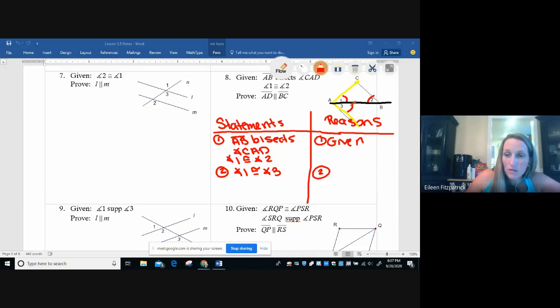Because of the bisector, right? So we're using the definition of angle bisector. Okay. Now, if 1 is congruent to 2 and 1 is congruent to 3, what does that mean about angles 2 and 3? You know that angle 2 is congruent to angle 3 by either transitive or substitution.